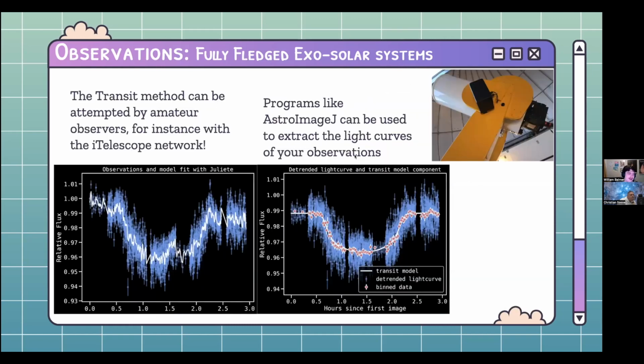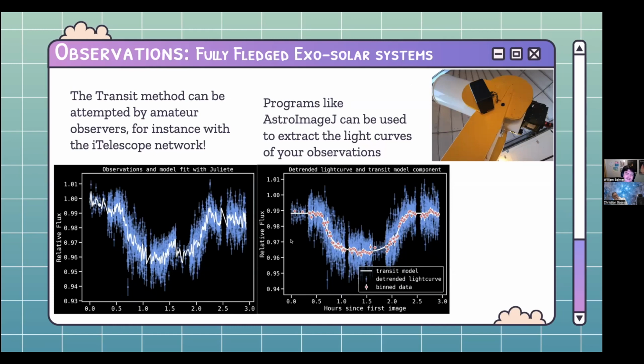The other cool thing about it is that it's something that you can do with amateur telescopes. I mean, the first transiting event back in 2000 was observed with I think an 8-inch telescope in the parking lot of an astronomy department out in Colorado. So this is something that you can do on the ground, even from your backyard.